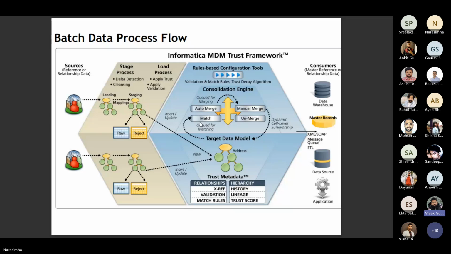So there are two processes with which it can get loaded: one is using JDBC connections, and the other is SQL loader. Maybe when you demo it, can you please brief on those options, the pros and cons of using JDBC connections or the SQL loader, and how to do that? Yeah, we'll cover that.